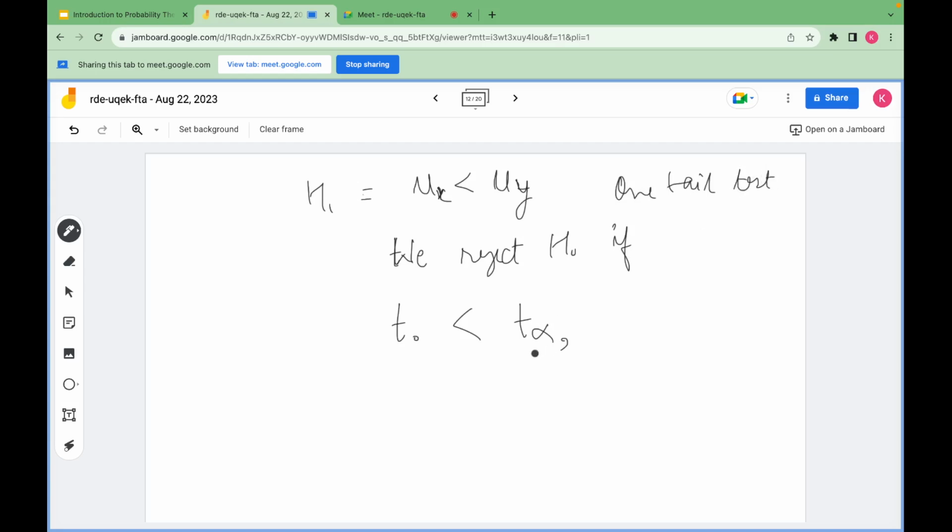That's why this will be alpha, and degree of freedom for this is n1 plus n2 minus 2.